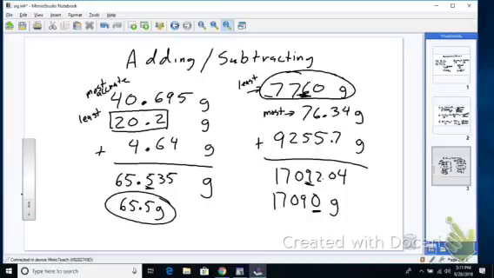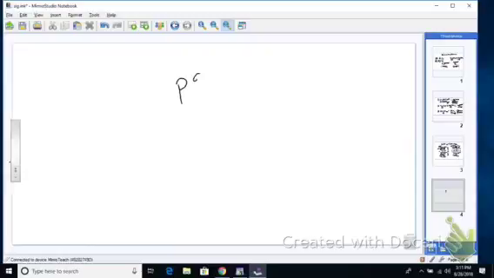I believe it's 39 is the page number. What you're going to do is 27A through C, and then 31 through 34. And that is due on Wednesday.